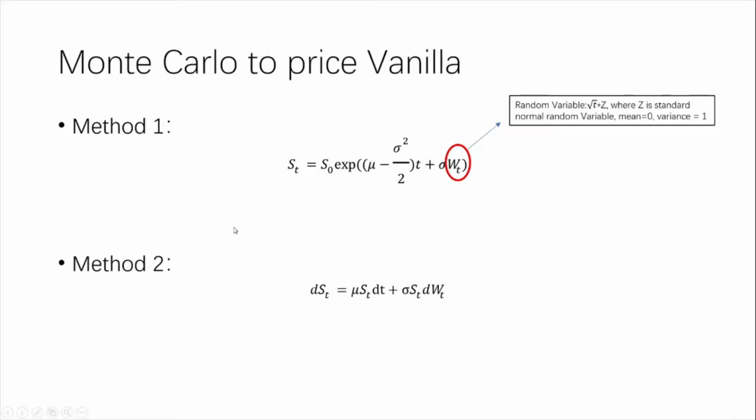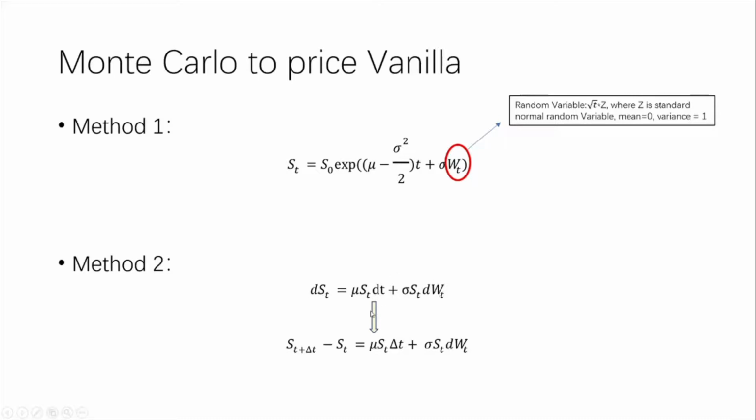The second method: the Black-Scholes formula implies that the stock follows a stochastic differential equation. So you can start from the stochastic differential equation and do the discretization numerically. dST equals mu ST dt plus sigma ST dWT.